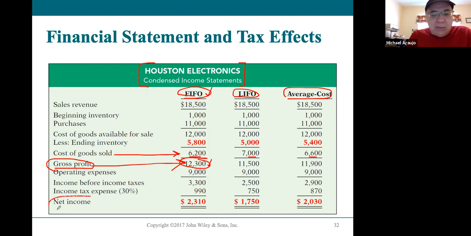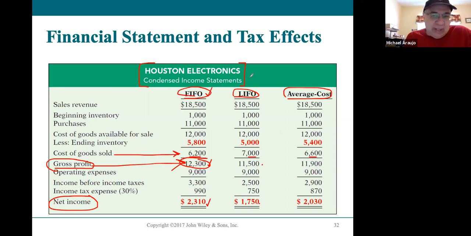And of course, if you follow it all the way down, it also produces the best net income or net profit, okay? And that's probably the best choice. If you use LIFO, your gross profit's going to be small and your net income is going to be small. And so average cost is in the middle of the two.